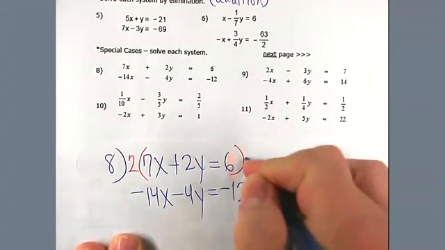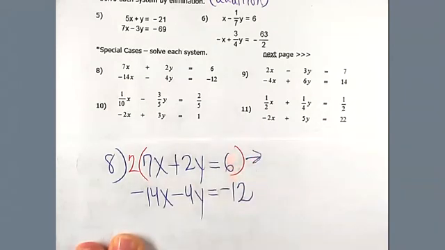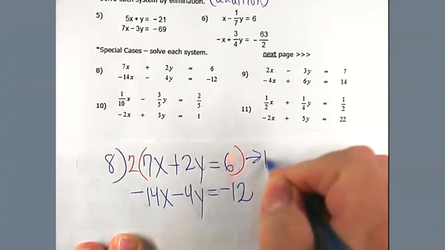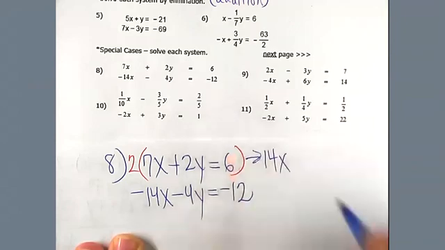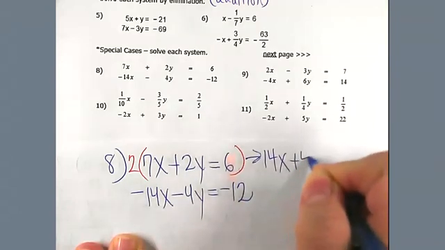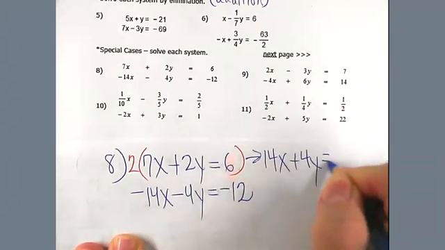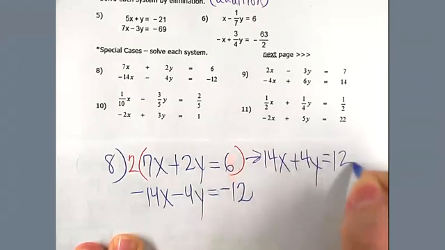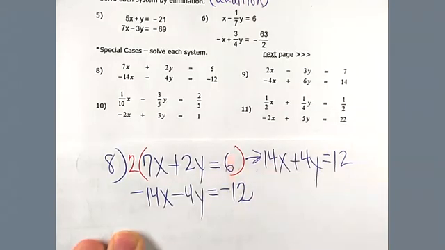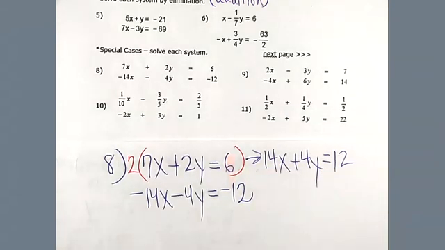So we have now for the first equation, 14x plus 4y equal to 12. Bring over the second equation.